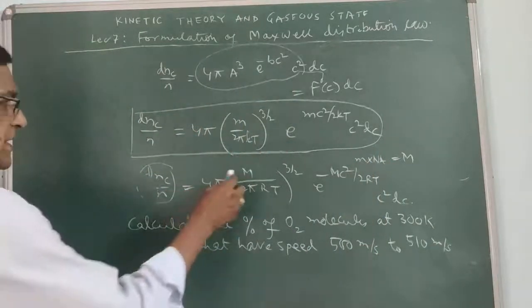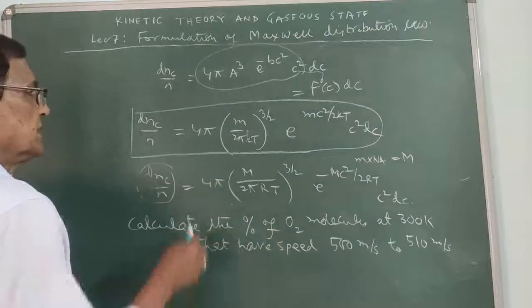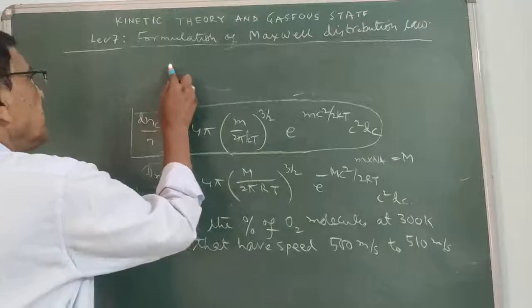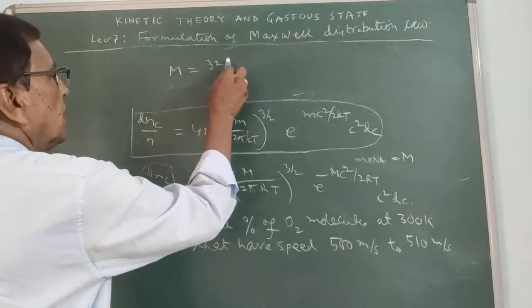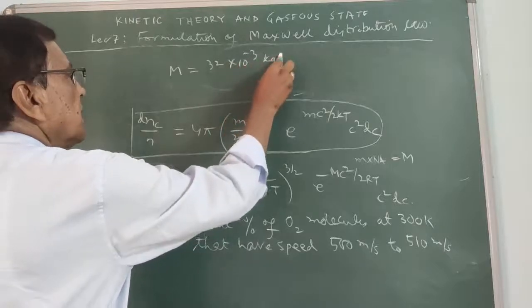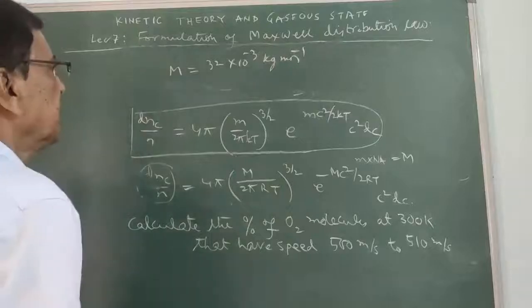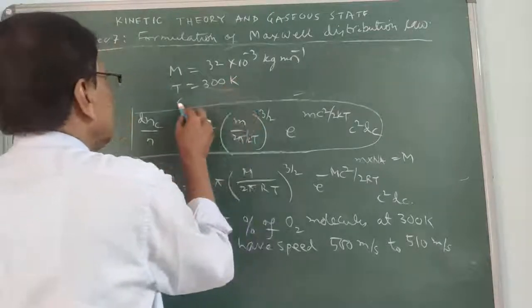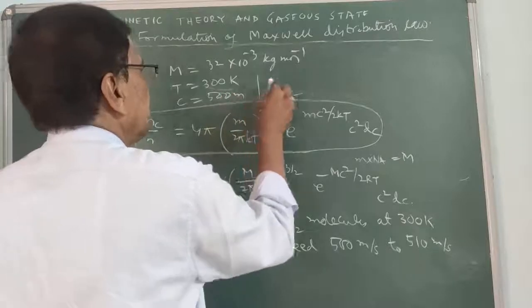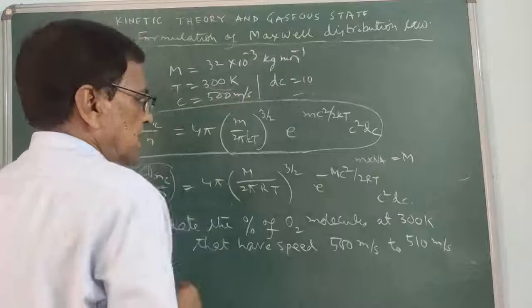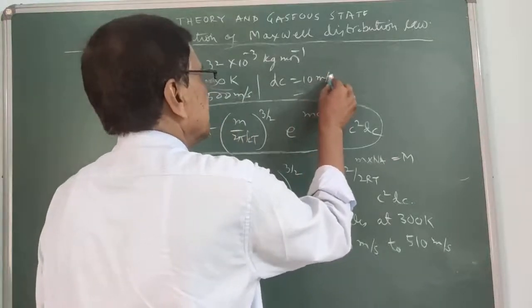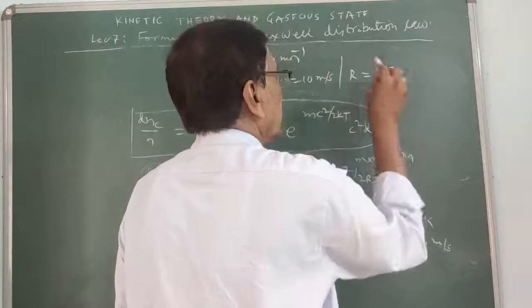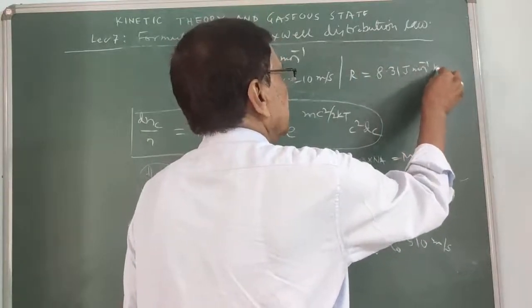In this case, you can put M equal to 32 × 10^-3 kg per mole in molar unit, T equal to 300 Kelvin, C equal to 500 meter per second, and dC equal to 10 meter per second, and R of course 8.31 joule per mole per Kelvin.